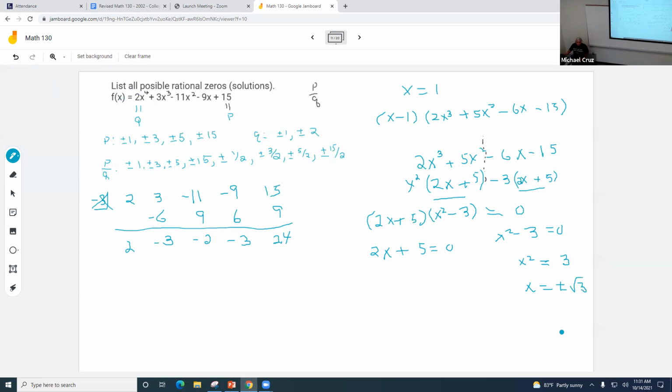So that's not a rational solution, so that's not what they want. Remember, rational just means that it can be expressed as a fraction. So once you introduce a radical, that's an irrational solution. But this one right here is.